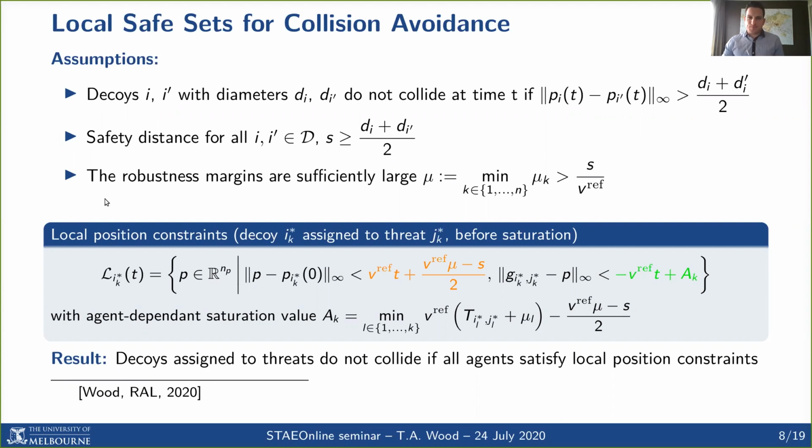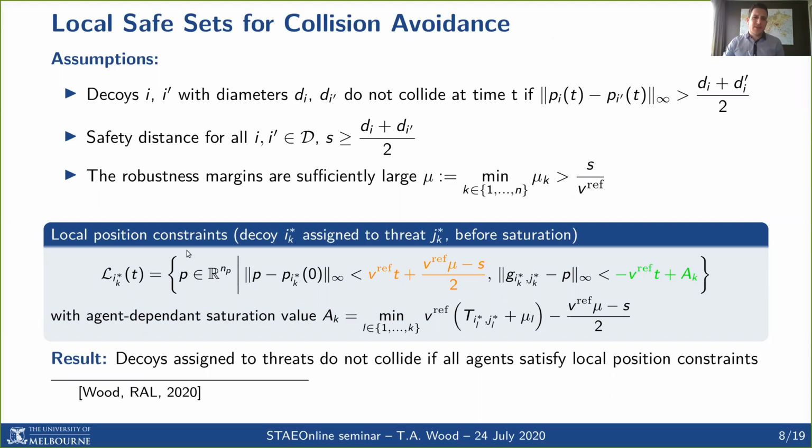And we then assume, so we're doing this sequential bottleneck assignment I discussed in the last slide, and storing all these robustness margins at every step. We assume that the robustness margins are positive and that they are sufficiently large so that the distances these weights correspond to are greater than the safety distance required for two agents not to collide.